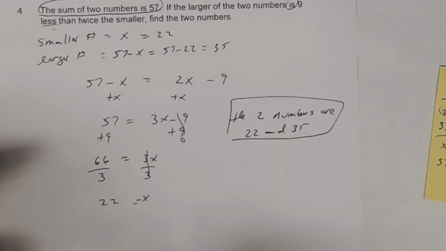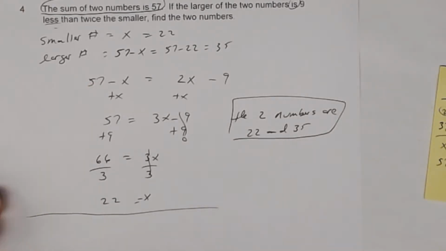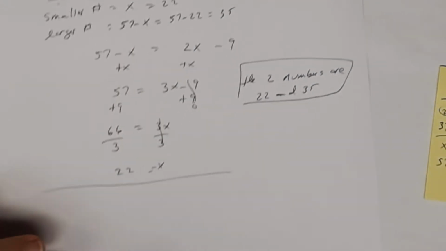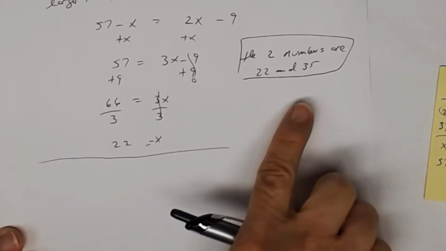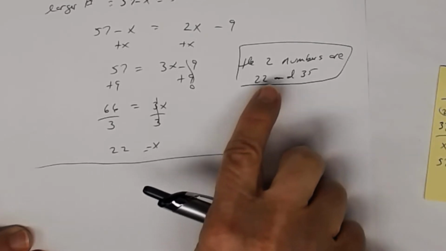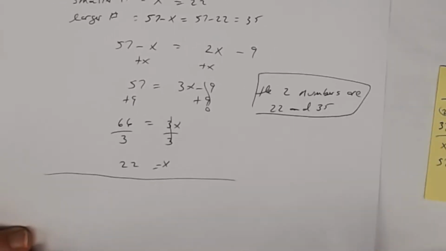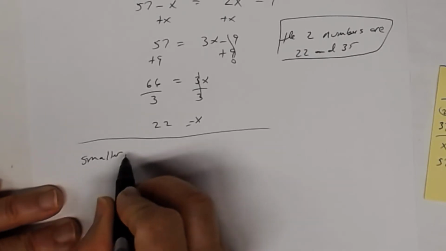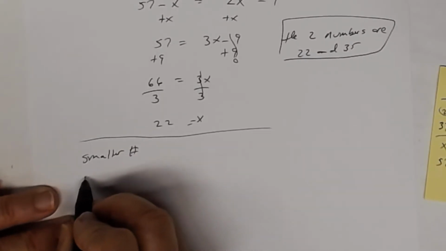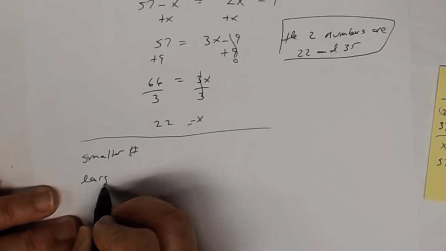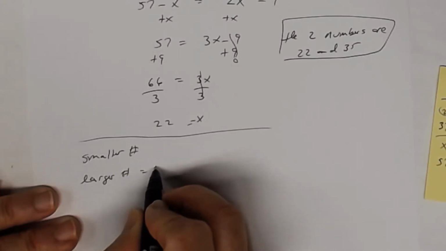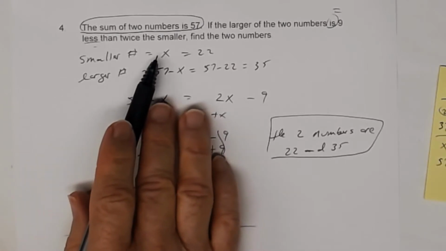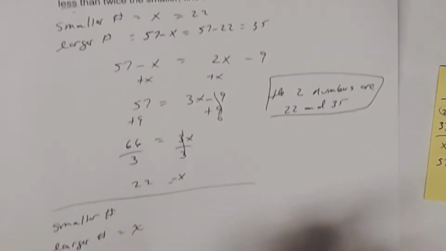Okay? All right, now someone may ask, well, could you have let the larger number be x? Yes, you could have. So watch. You'd still get the same answer. You'll still get 22 and 35 as the numbers, but suppose this time, I just want to show you something. Suppose this time that you said, I'm going to let the larger number be x. So if the larger number is x instead, see, we let x be the smaller number here.